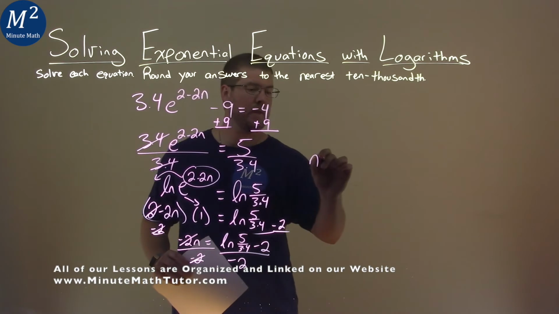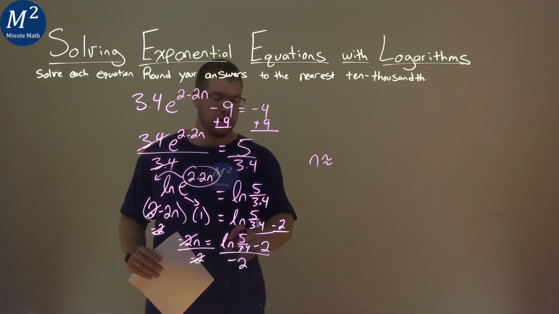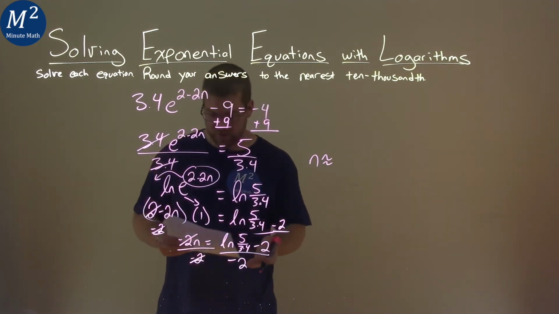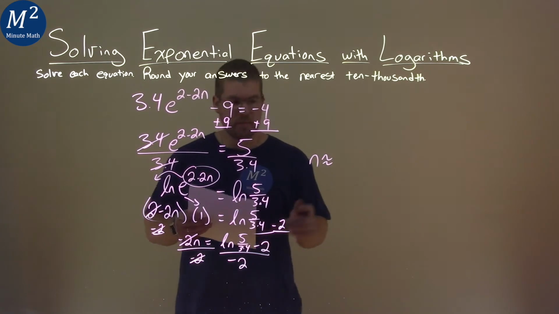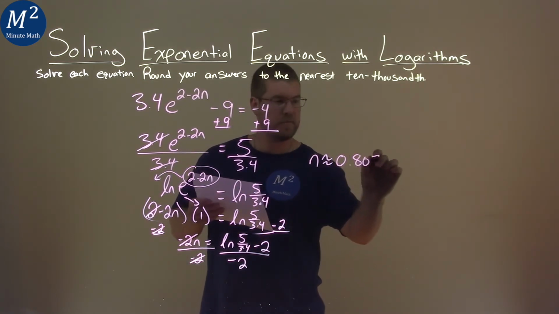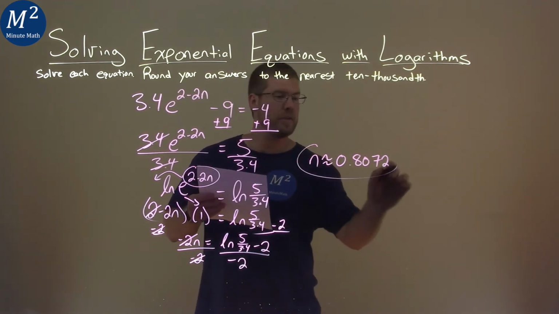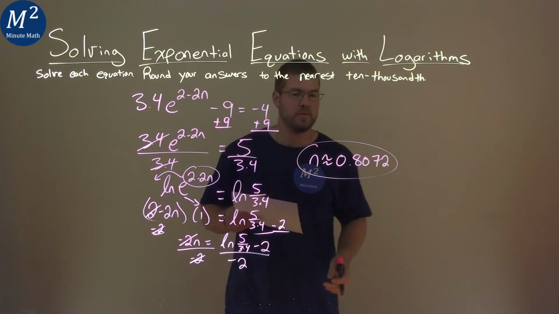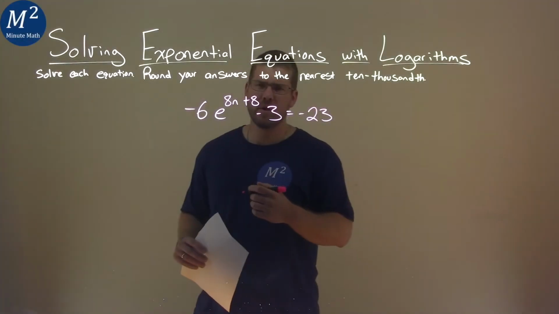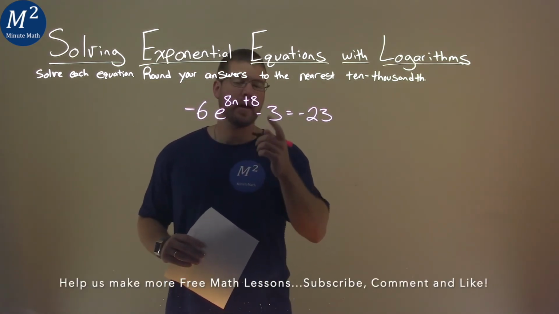I'll write it up here. n is approximately, and this is where I do the calculations with my calculator, natural log of 5 divided by 3.4 minus 2, all over -2. And that comes out to be approximately 0.8072. And so our final answer here is n is approximately equal to 0.8072.